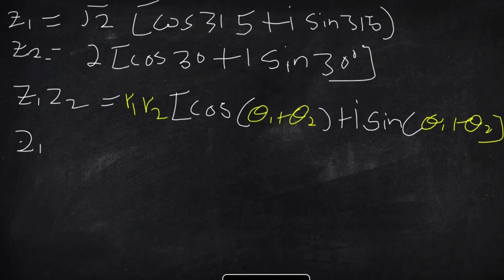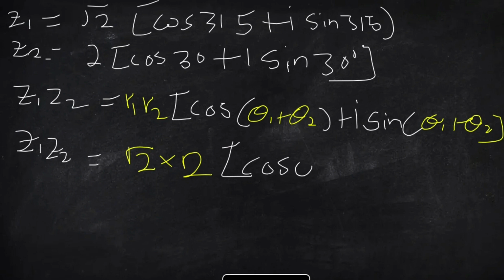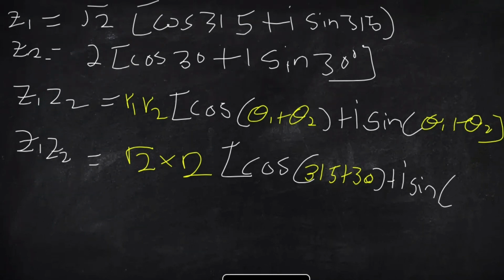This becomes z1 times z2 equals root of 2 times our r2, which is 2, cos of 315 plus 30, plus i sine into bracket 315 plus 30.